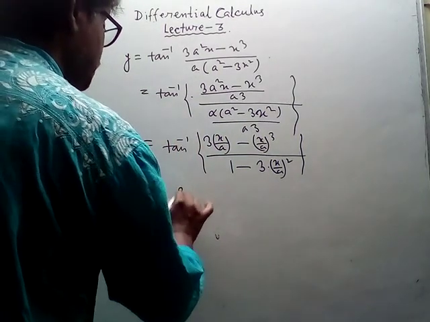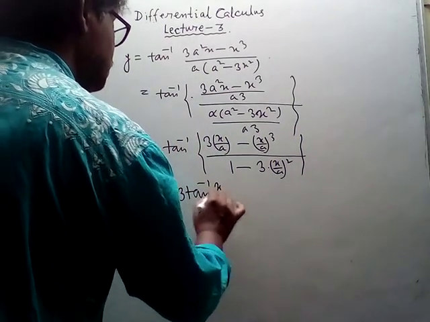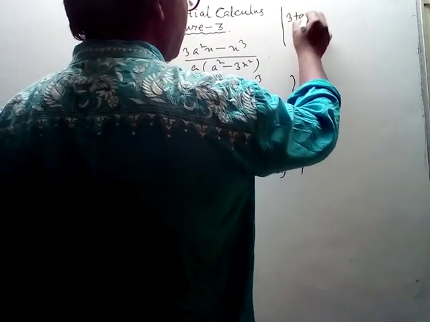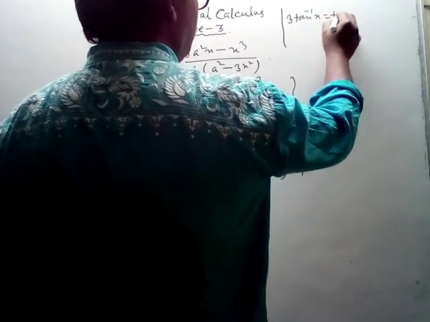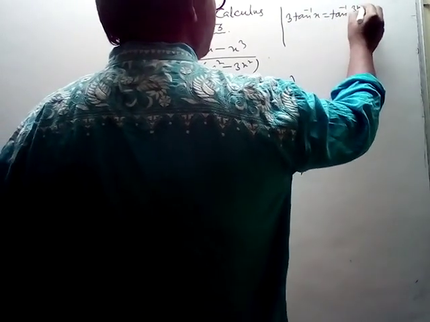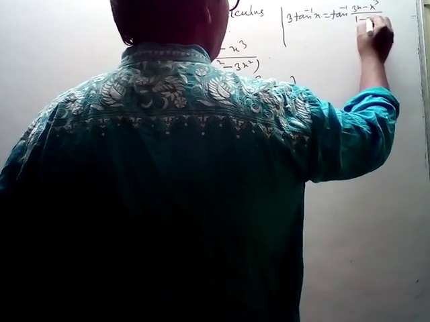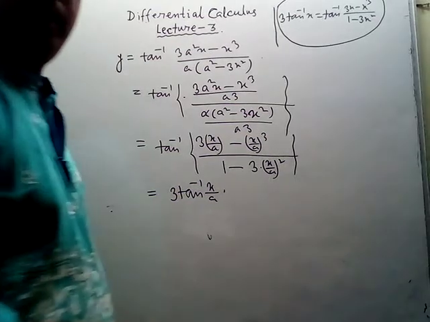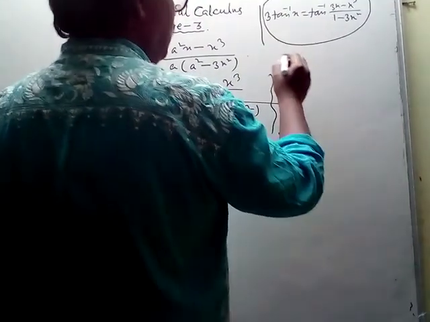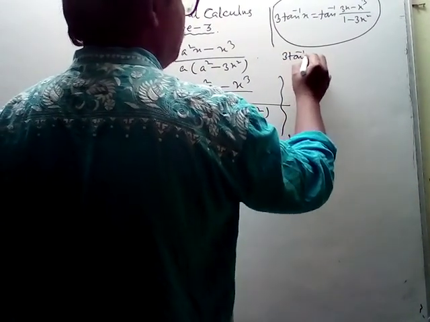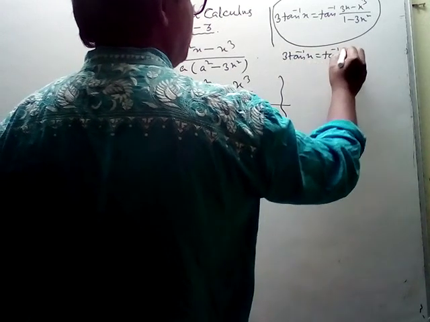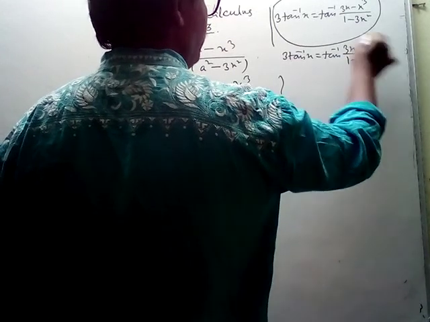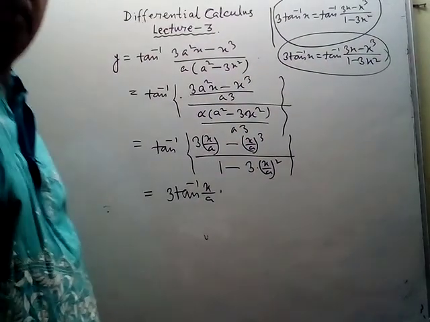This equals 3 tan inverse x by a. Which formula? The inverse formula, a very important formula: 3 tan inverse x equals tan inverse of (3x minus x cube) by (1 minus 3x square).